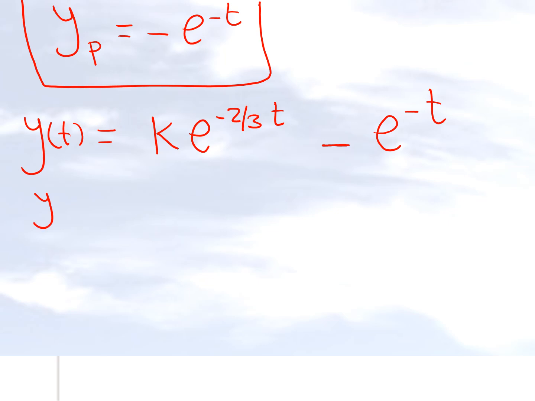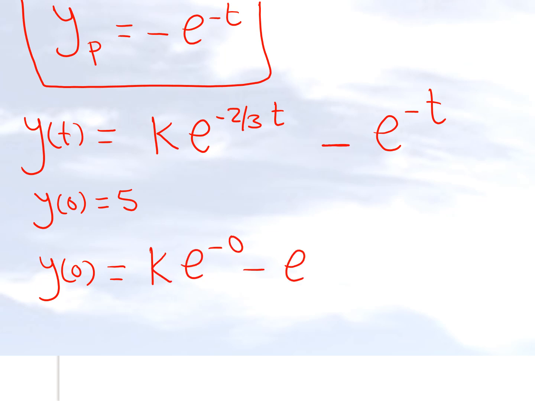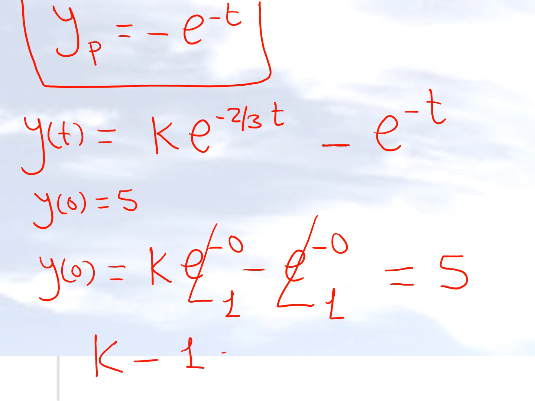The initial condition is y of 0 equals 5. So we plug t equal to 0 into our solution. So y of 0 using our solution is equal to k e^(-0) minus e^(-0), and this has to equal 5. e^(-0) is 1. So from here we have k minus 1 equals 5, and as a result k is equal to 6.